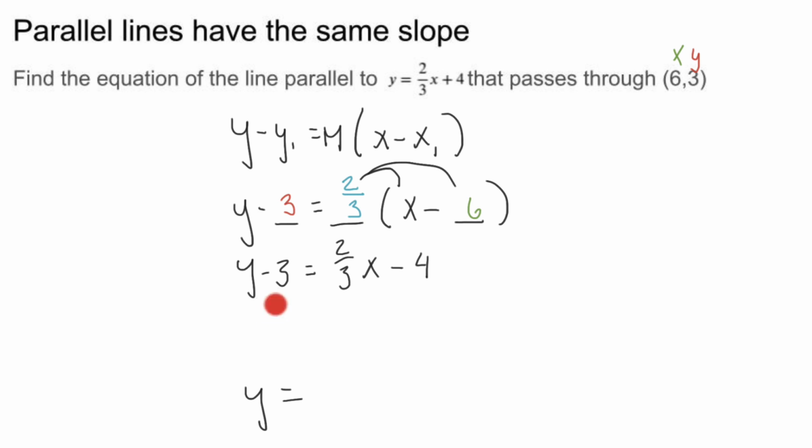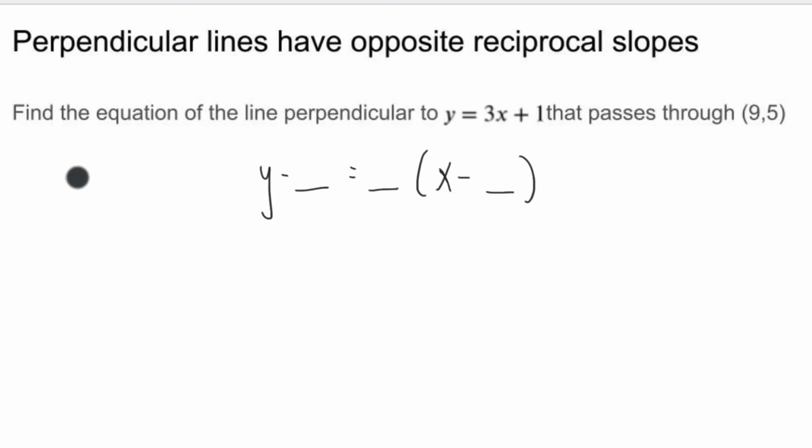So we're just going to add 3 to both sides. So the slope-intercept equation that is parallel to 2/3 x plus 4 is y equals 2/3 x minus 1, and that will pass through (6, 3).